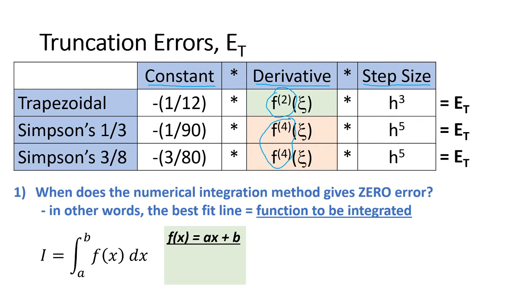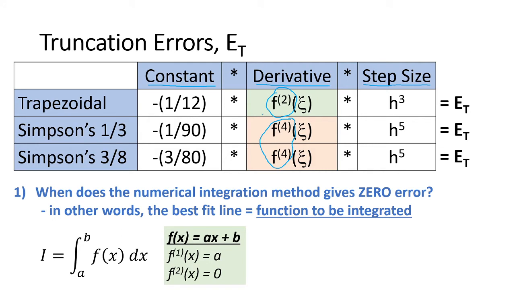If f(x) is ax plus b, for the trapezoidal rule, if we differentiate two times, the first time we will get only the constant a, because the constant b disappears and ax becomes a only. If we differentiate the constant a again, the second order derivative will be equal to zero.